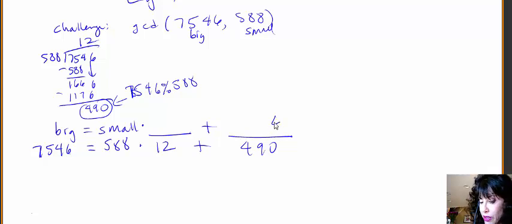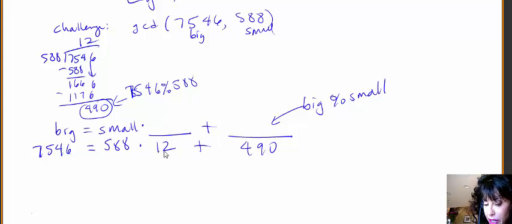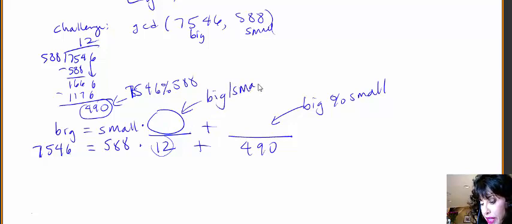So in other words, the remainder is going to be big modulo small. And this number here, the 12, is simply the integer division of big divided by small. So there's a little bit of Java coming into play there.